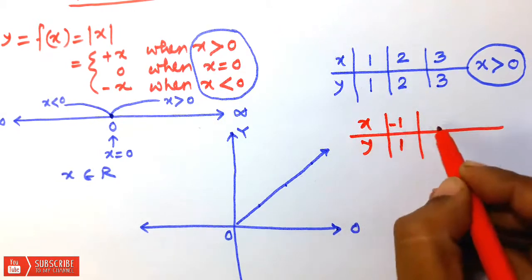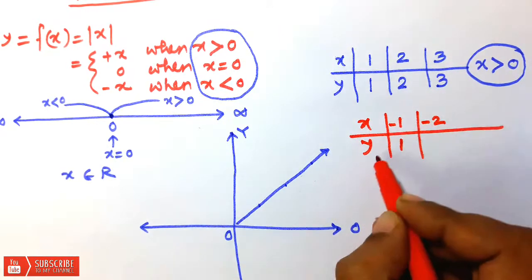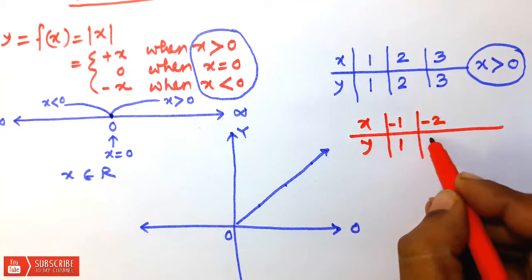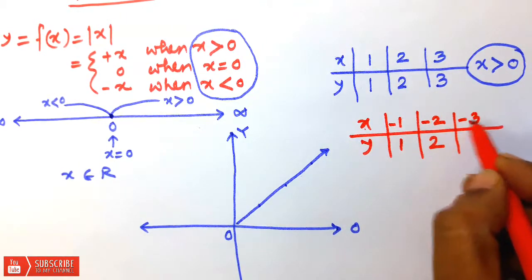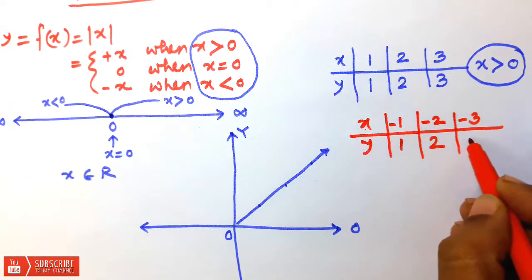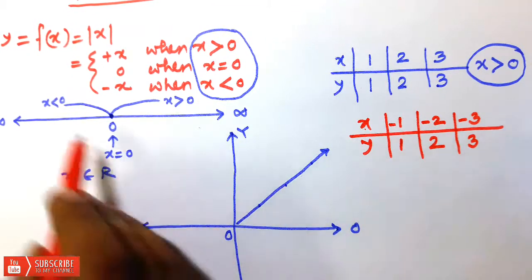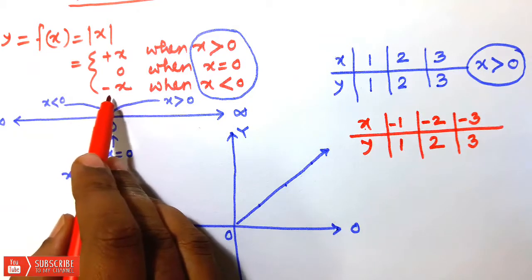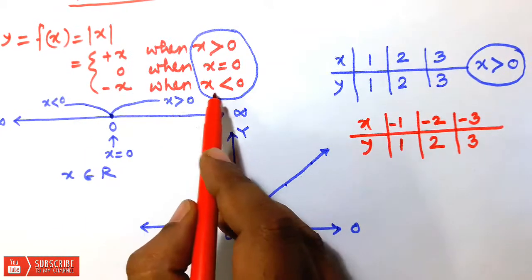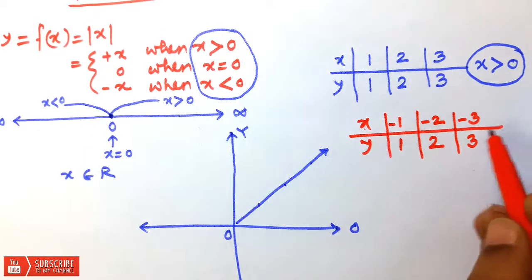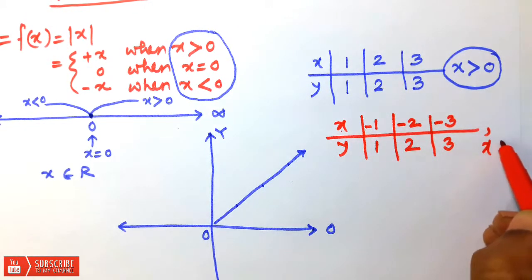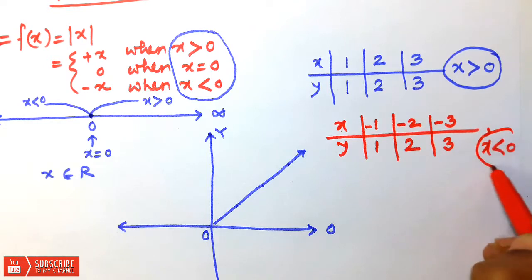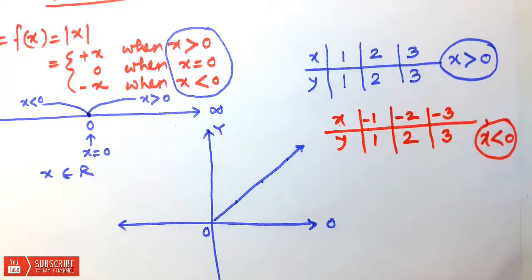For x is equal to minus 2, we get y is equal to plus 2. For x is equal to minus 3, we get y is equal to plus 3. Why? Because y is equal to minus x and the domain is x less than 0. So this is only for x less than 0.